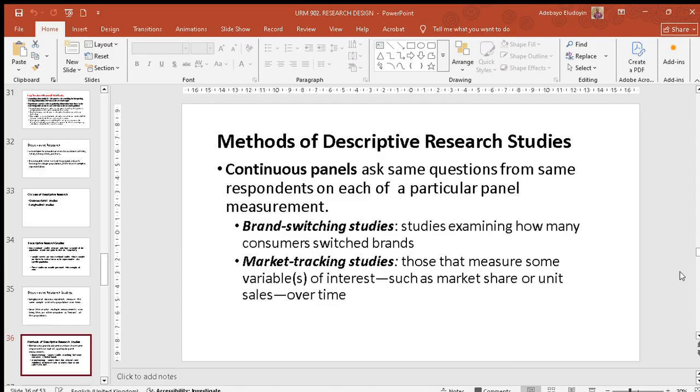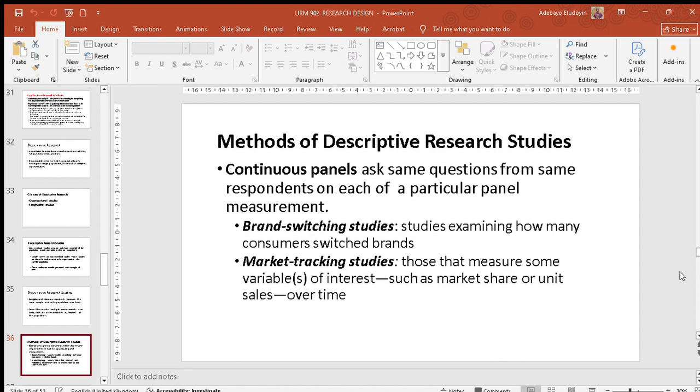So here we just give the example of people that change position. This one was an example of what happens with consumption pattern, having this kind of brand switching pattern.